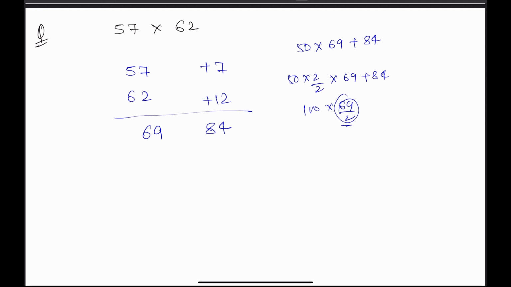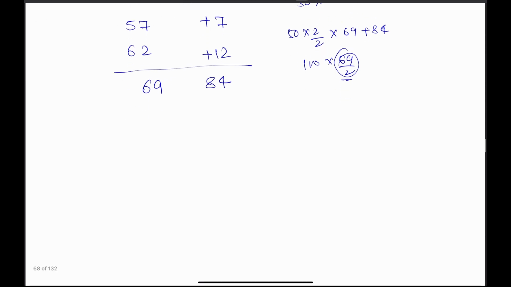Okay, this is the concept. 69 by 2 is what? 34.5. So 34.5, then 50 plus 80 is 134. So it will become 3534. Okay, this will be 3534. 57 into 62 is 3534.